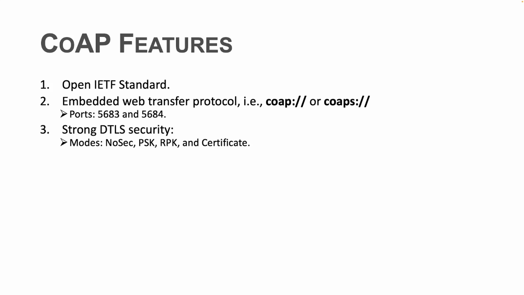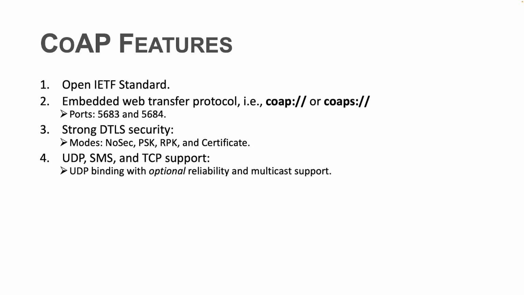CoAP includes strong security built into the protocol using DTLS based on the following modes: pre-shared keys, PSK, raw public key, RPK, and certificate. Then the typical bindings are to UDP, SMS over cellular networks, and to TCP.